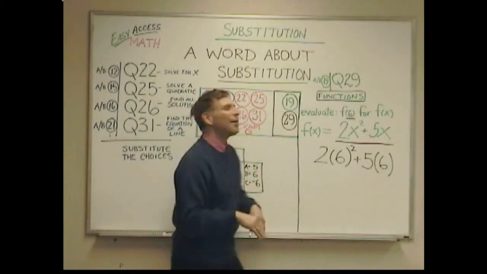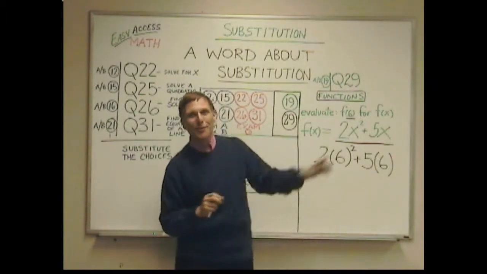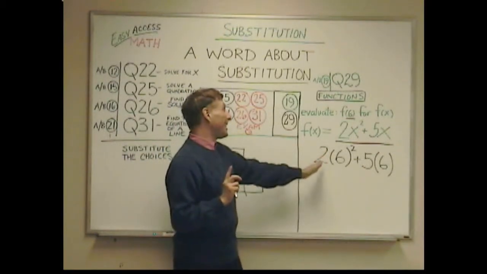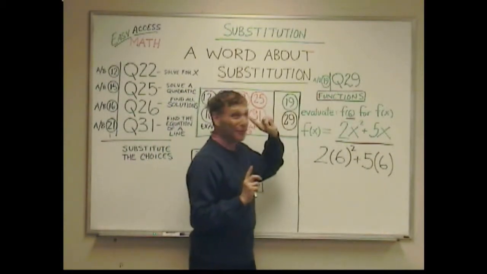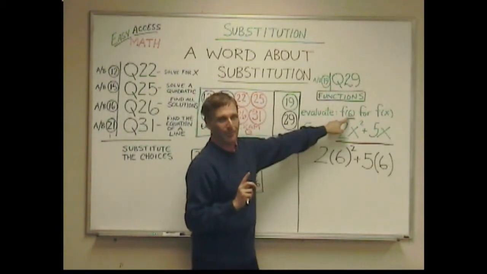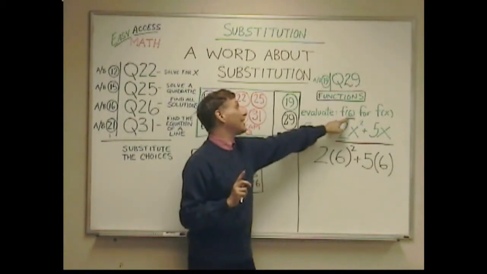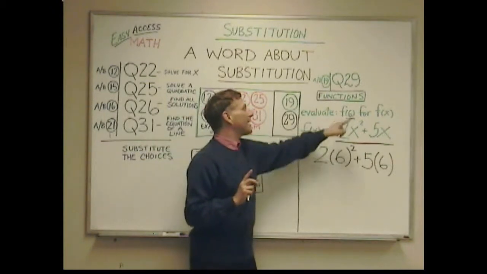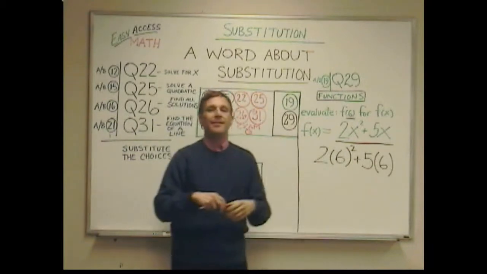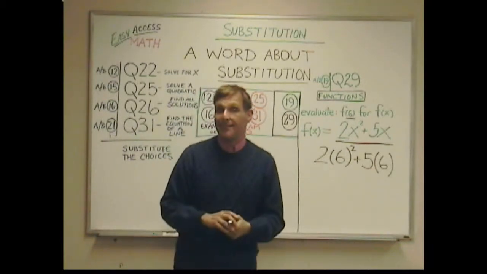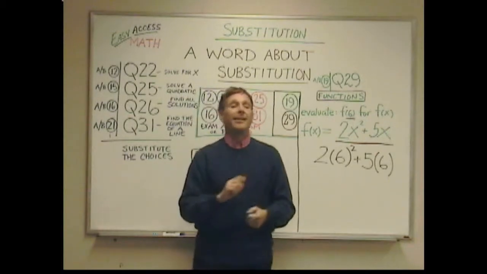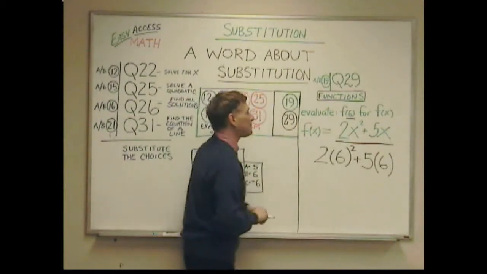Please don't plug in your choices there. One of your choices will be the answer you'll get when you substitute the number given to you in the problem in that first parenthesis. The 6 replaces all the x's in this expression.